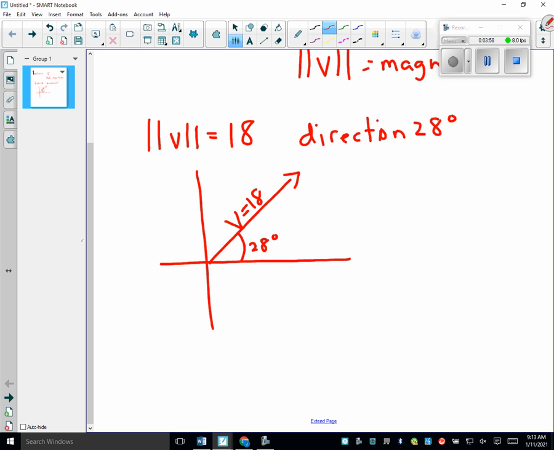You are asked to find the x component and the y component, which means I'm going to draw a triangle. My triangle looks like this.